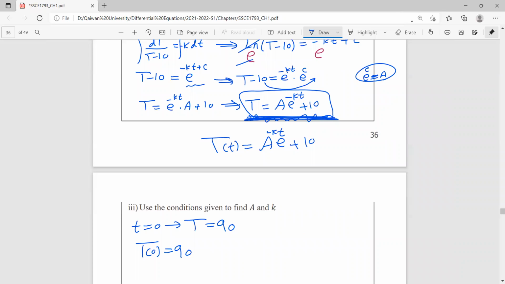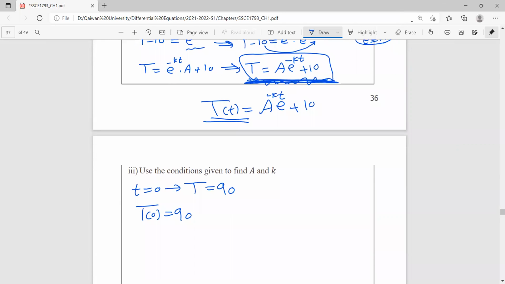Here we replace capital T by 90 and little t by 0. We get 90 equals A e to the power minus K times 0 plus 10.